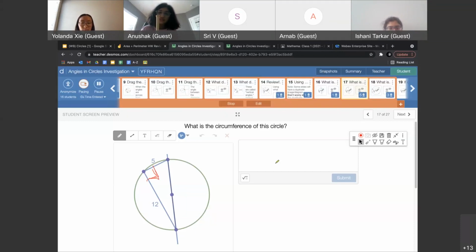So we get 5 squared, which is 25, plus 12 squared, which is 144. Okay, I'm just going to use text.